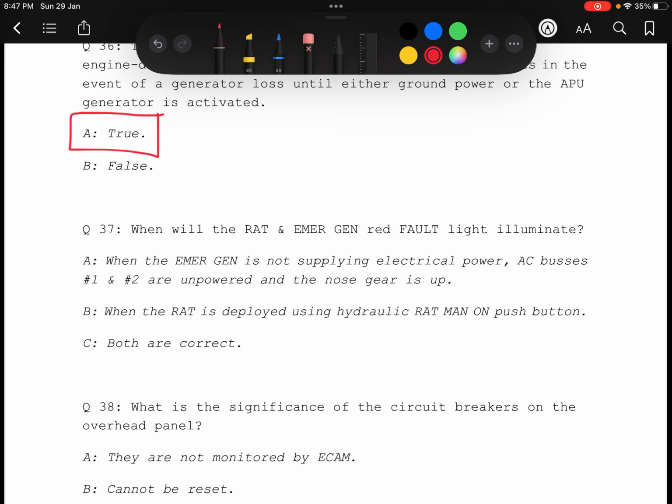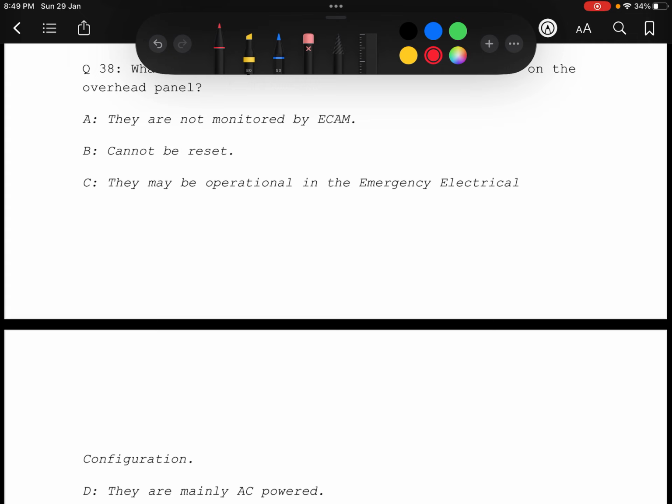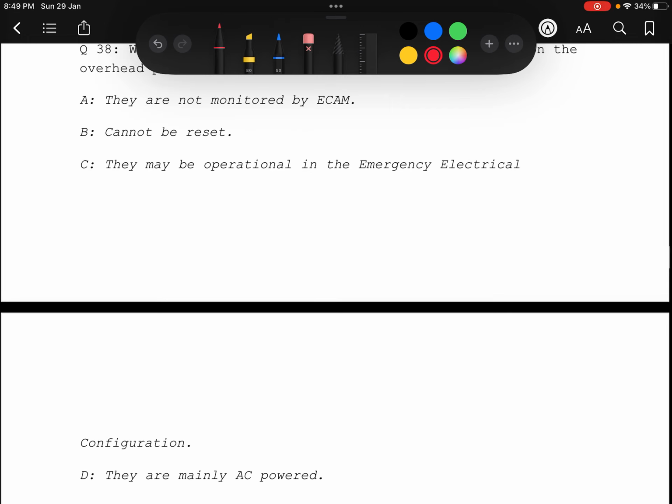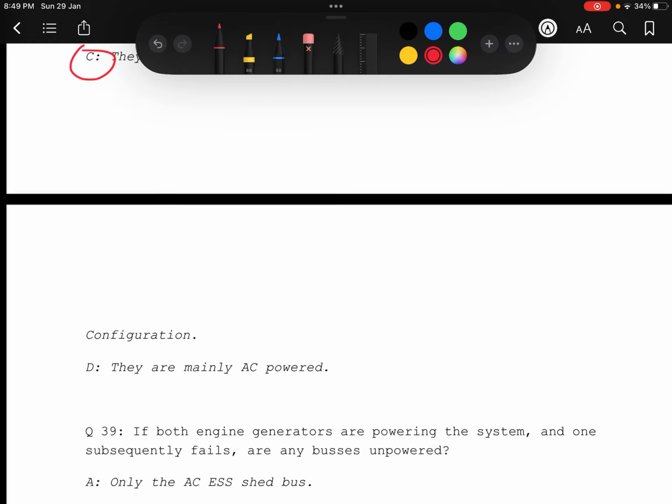The reason for the circuit breakers on the overhead panel is that they may be operational in the emergency electrical configuration. You know, there are chances that you can reset the system by just pressing them. So in emergency electrical configuration, they may be operational, right?